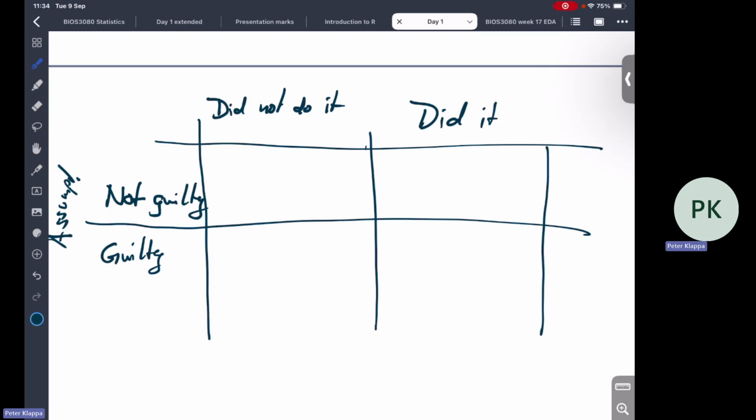Sorry? She did it and guilty. This would be the right decision. Any other? Absolutely right. Did not do it and not guilty. If the jury comes to these conclusions, the right decision has been made. True?